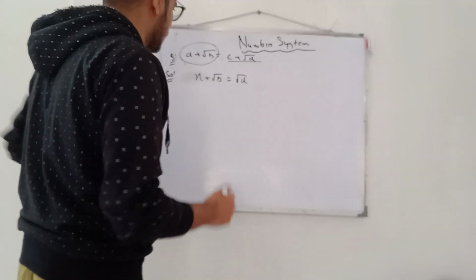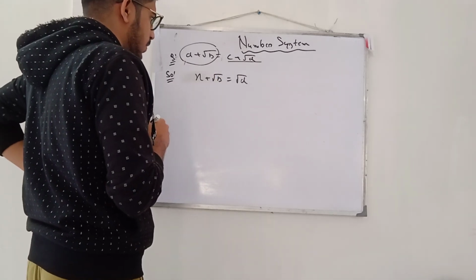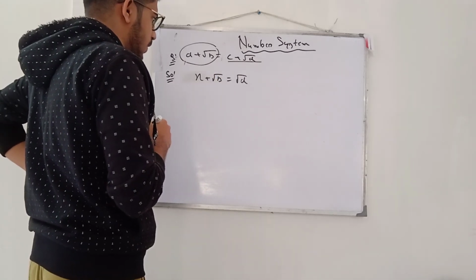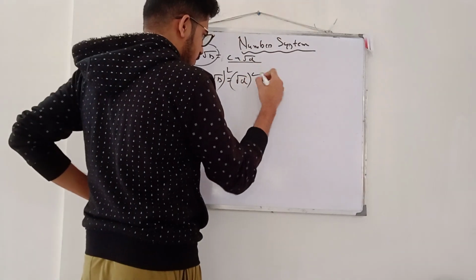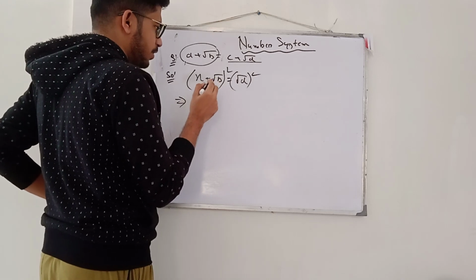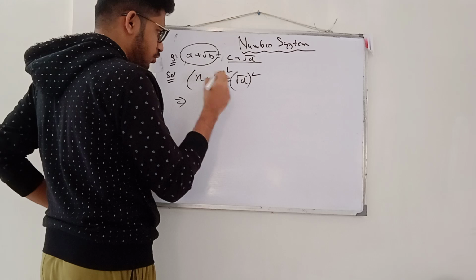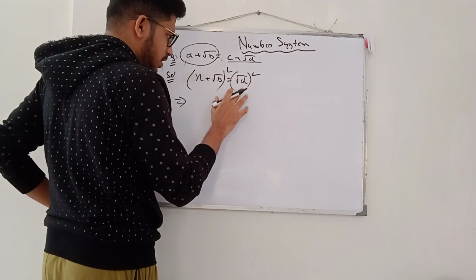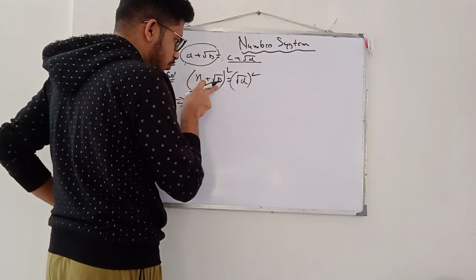Suppose, what if we squared, from this formula we found out that root b can be rational.